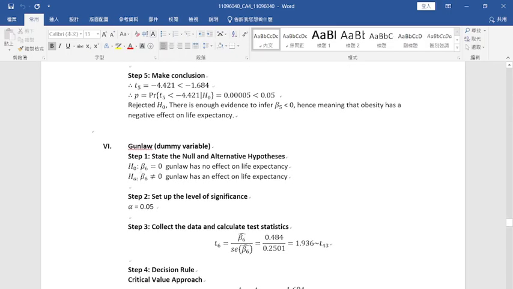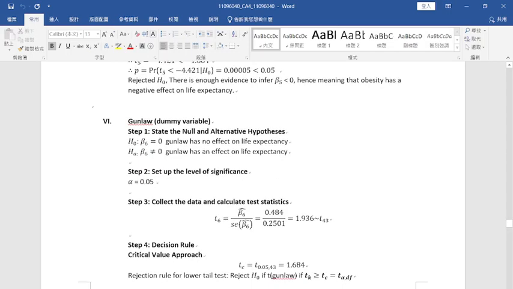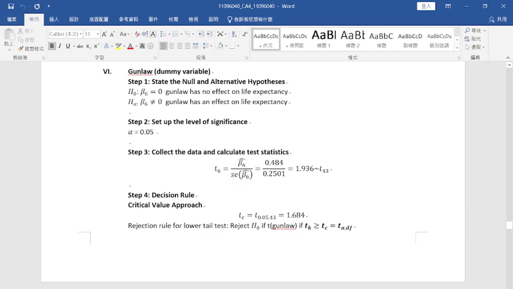For the gun law, which is the dummy variable, I'm not really sure. The null hypothesis will be equal to 0 and the alternative. Actually, I was a little bit confused. You can do the two-sided test, but just do a one-sided test.